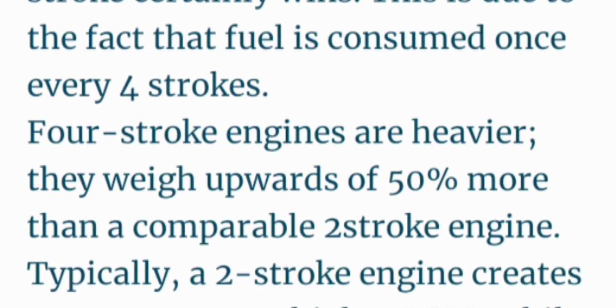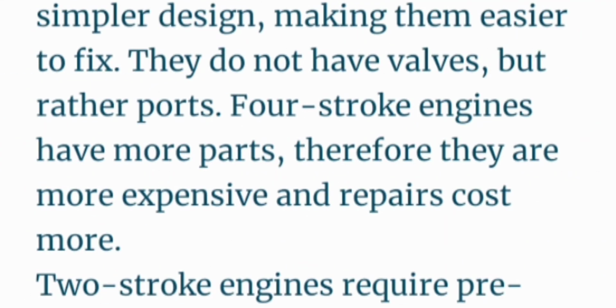Typically, a two-stroke engine creates more torque at high RPM, while a four-stroke engine creates a higher torque at lower RPM. The four-stroke engine is also much quieter. A two-stroke engine is significantly louder and has a distinct buzzing because two-stroke engines are designed to run at a higher RPM. They also tend to wear out faster, as a four-stroke engine is generally more durable.